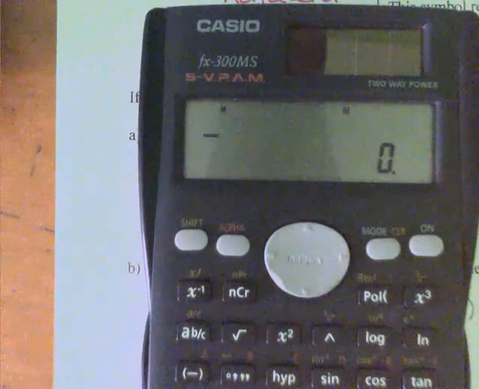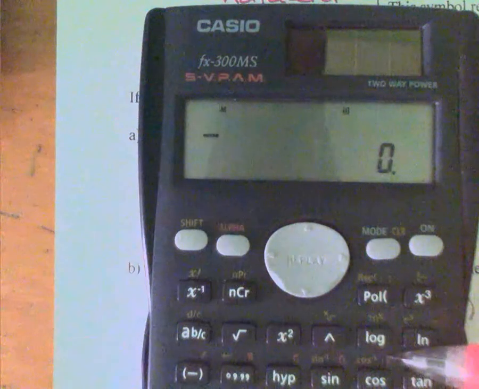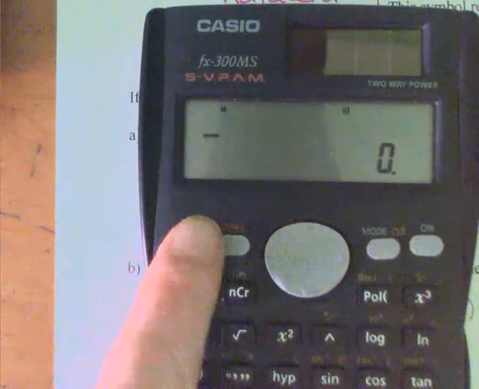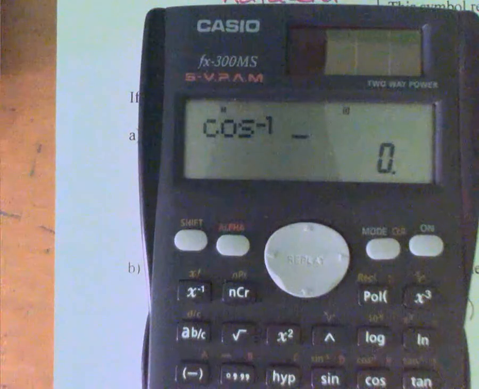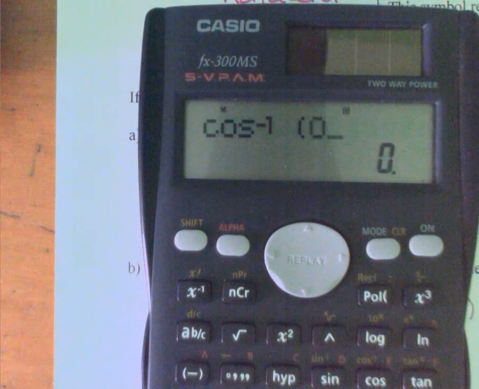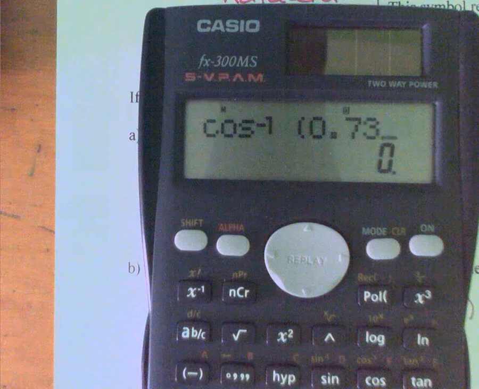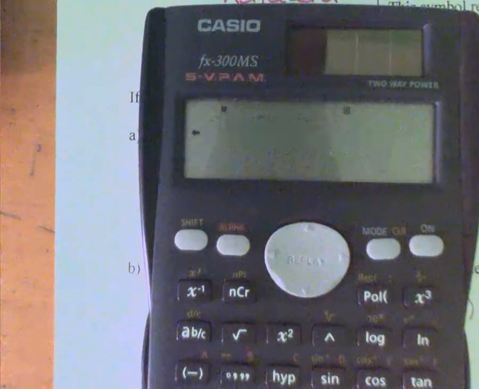So I'm going to grab my calculator, and again I want the inverse because I'm looking for an angle, so it's the thing above cos, and it's in a different color, so I need to do shift or second, and then I'm going to hit the cos so that this comes up, bracket, and then I want to do 0.7309 and close bracket. And then I'm going to hit equals.